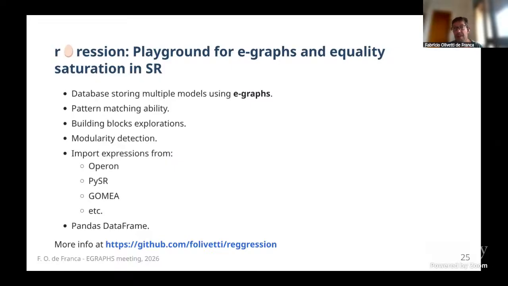So basically, it's an eGraph that has all of the explored expressions, and it can serve as a database. By exploiting all the nice things about the eGraphs, I can do some query-based approach on this eGraph. I can have a pattern matching ability. I can explore the building blocks that are contained in the eGraphs. I can detect modular expressions. I'm going to show them all here and do a bunch more.